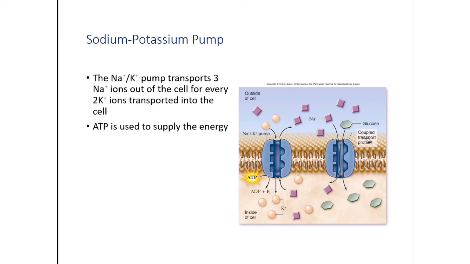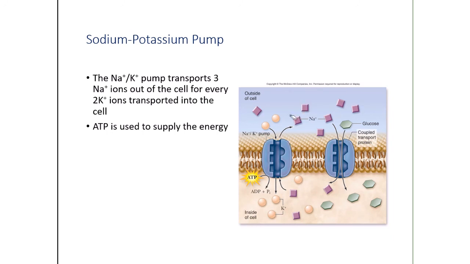Maybe I'll just briefly talk about this. Sometimes you can use the concentration gradient that you've created, because you're actively pumping sodium out of the cell. So now there's high sodium on the outside and low sodium on the inside. So the sodium really wants to come back in. It's kind of like creating a dam.